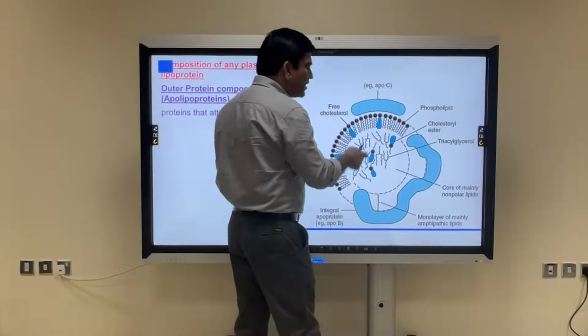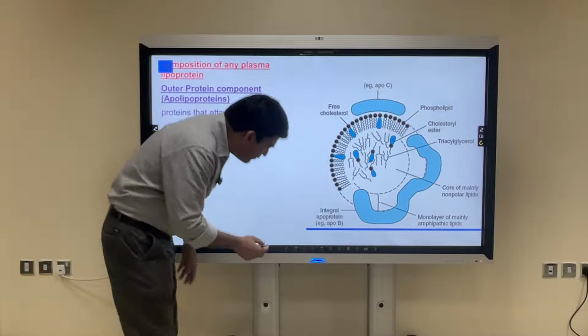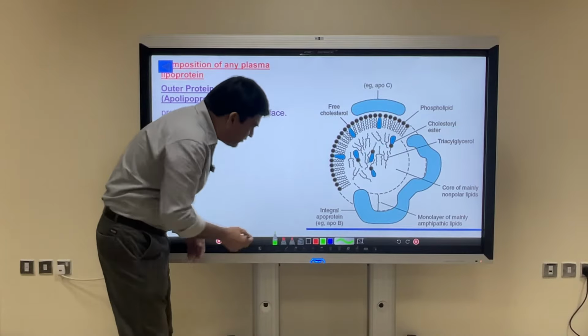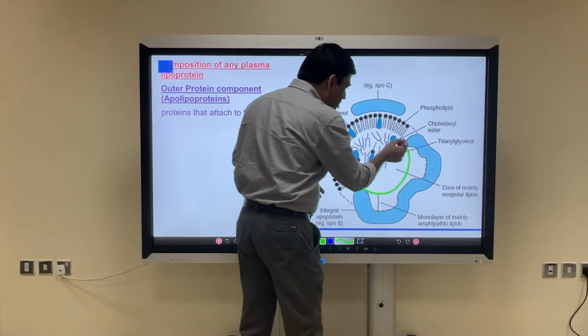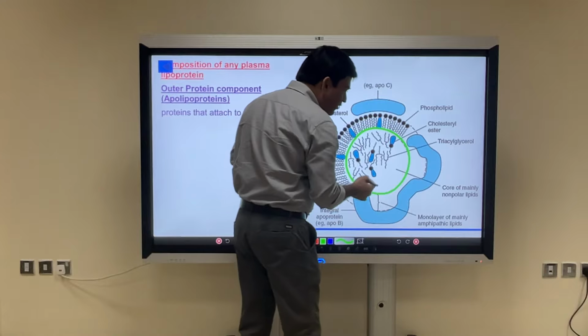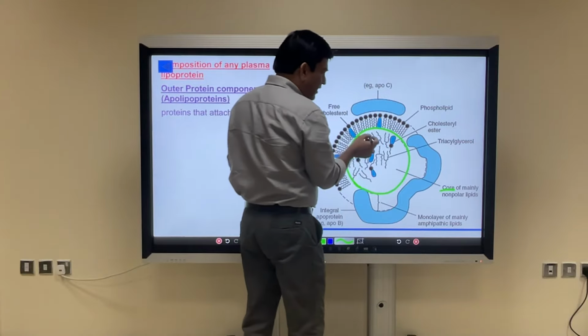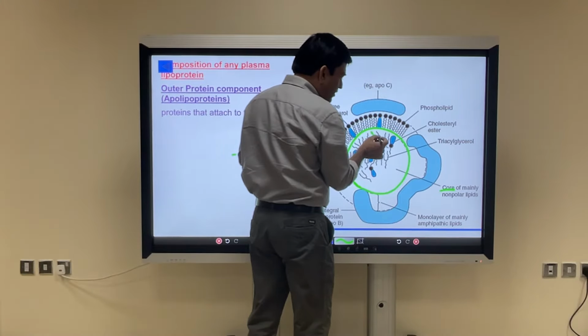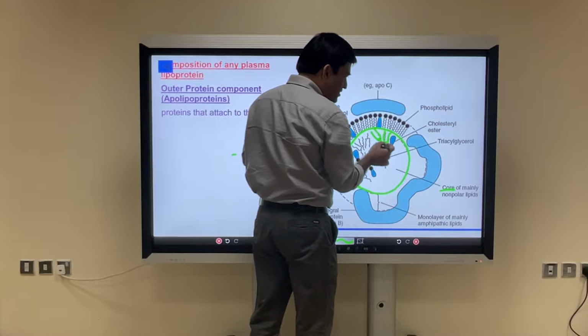And then there is a core over here. The core is hydrophobic. You can see there is a core over here. This is the core of lipoprotein. And if you see, these are TAG. What is TAG?